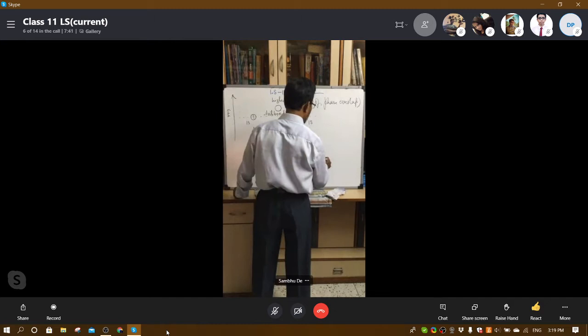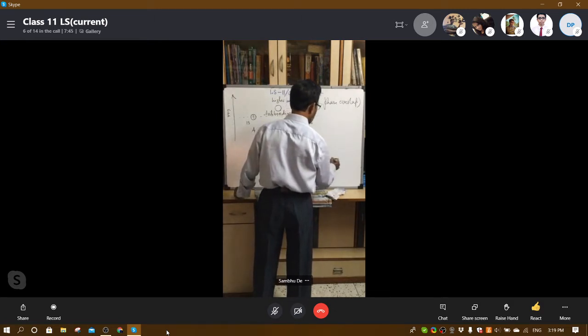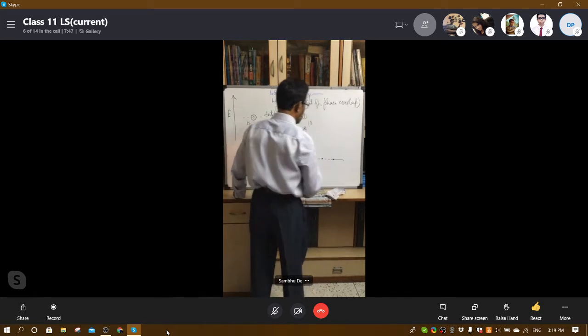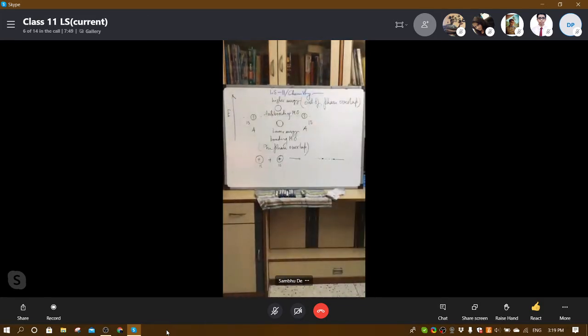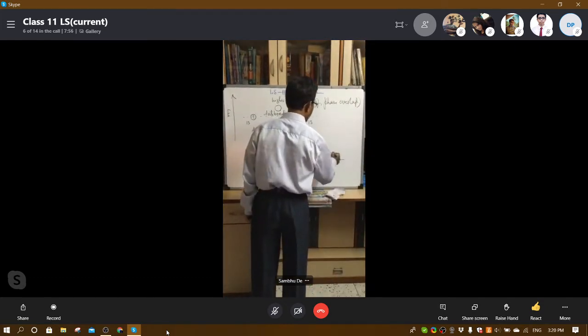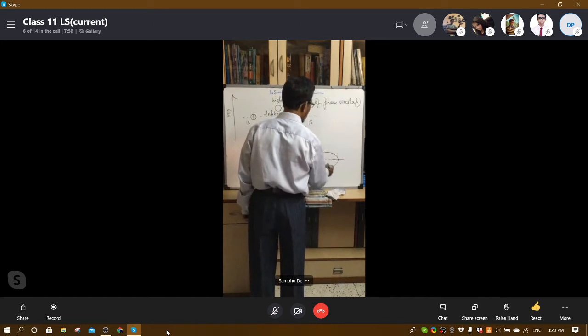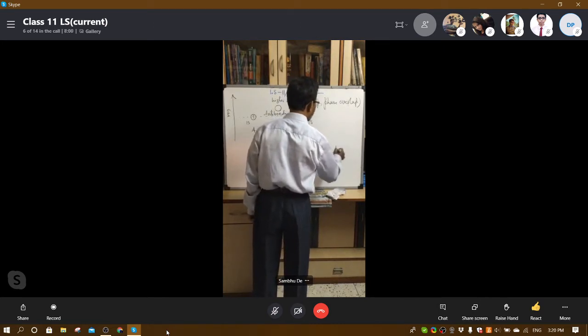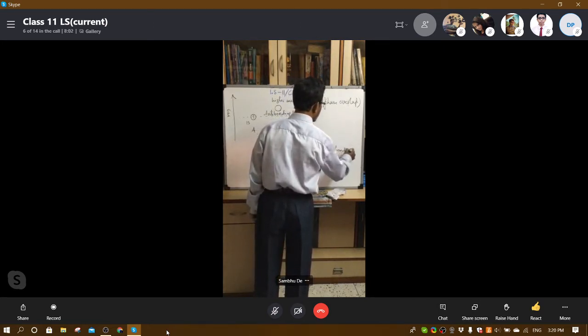Then the two nuclei will be surrounded by the electron cloud like this. This is bonding interaction, bonding overlap in phase.